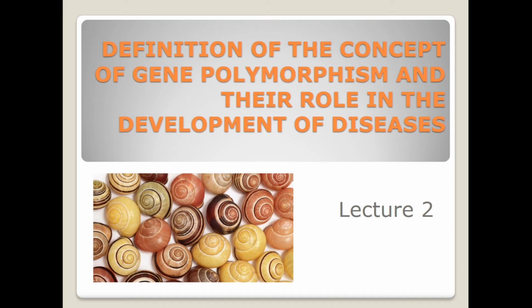Our second module will be about genes, gene polymorphism, and types of gene polymorphism. In your topic, you will continue to make a report in your group, using all your previous reports and materials.